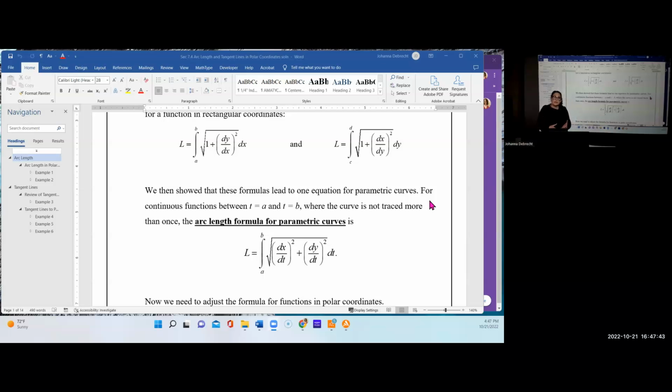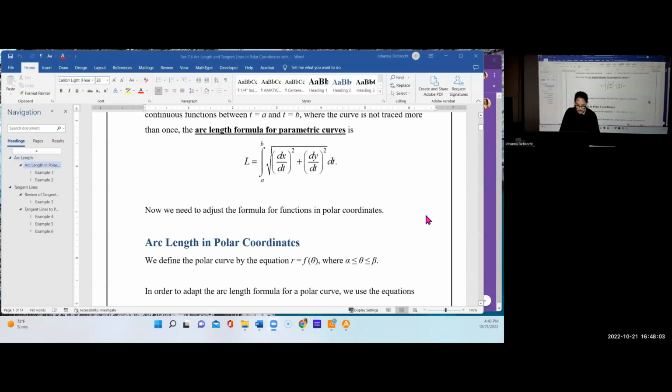Now, in many ways, we can consider polar coordinates to actually be parametric equations where instead of using t, we're using theta. So r becomes a function of theta, or t. And that way, we're going to find that we have very much the same formula.